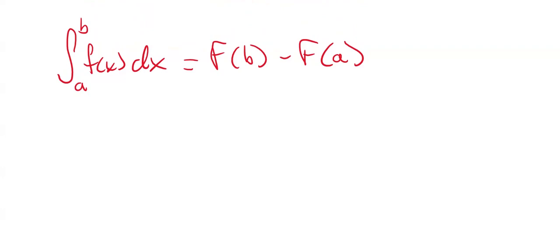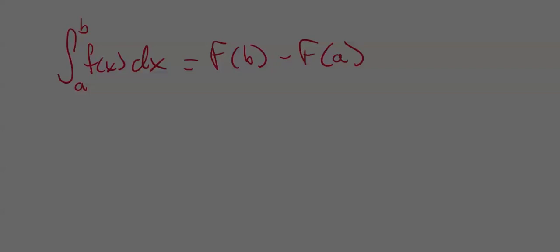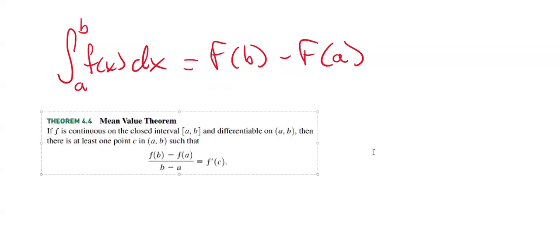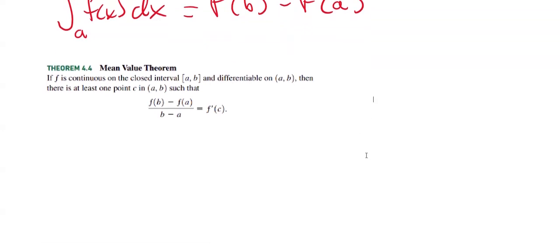So first of all, I have to give you a little bit of background, something that we didn't talk about yet. And this is going to be called the mean value theorem. Okay. So the mean value theorem basically says this: if we have a function on a closed interval a to b, let's say there's a function, it's a closed interval, it's continuous, and it's differentiable.